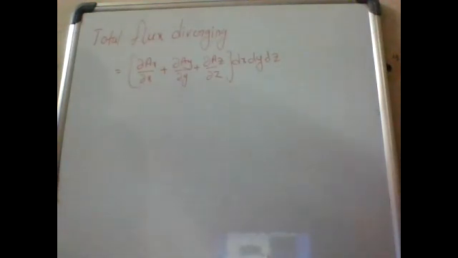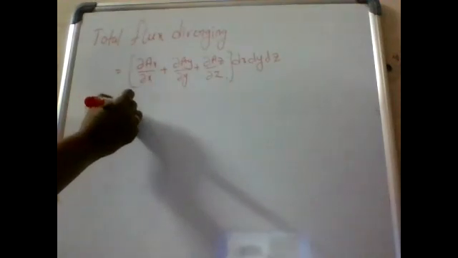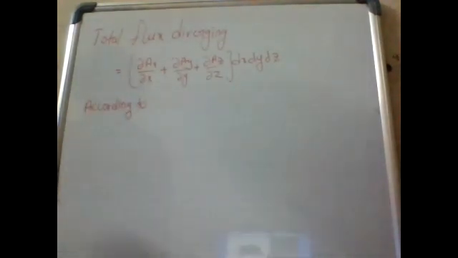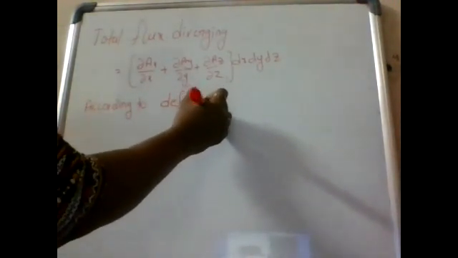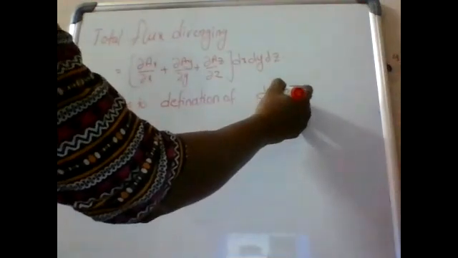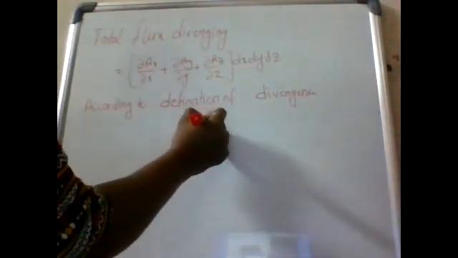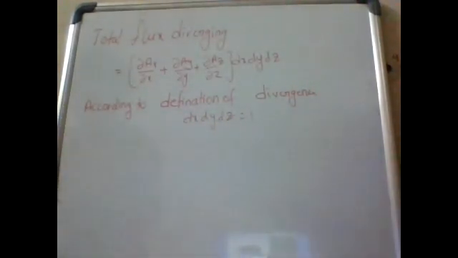According to the definition of divergence, the dx into dy into dz value is equal to 1.